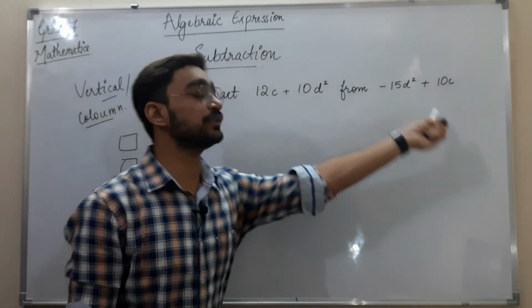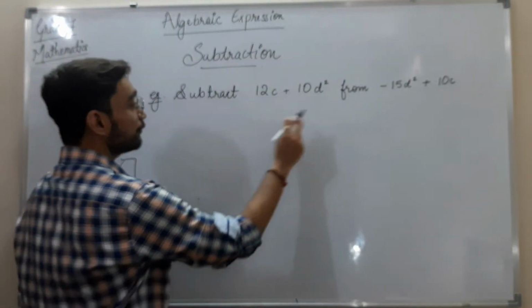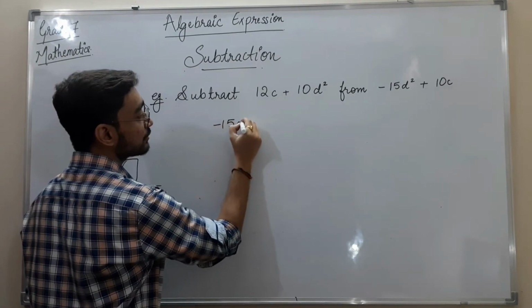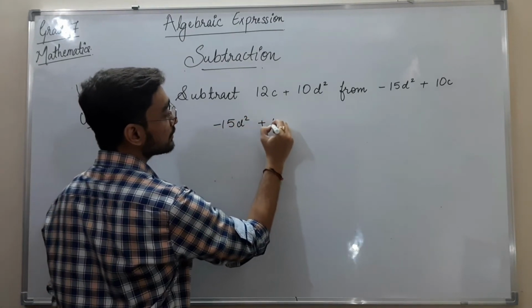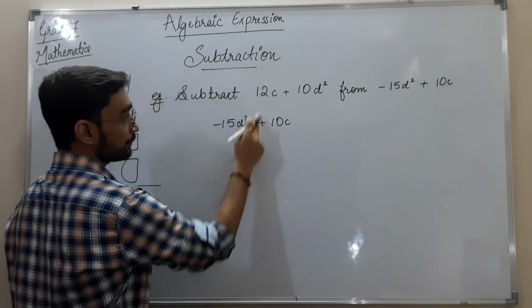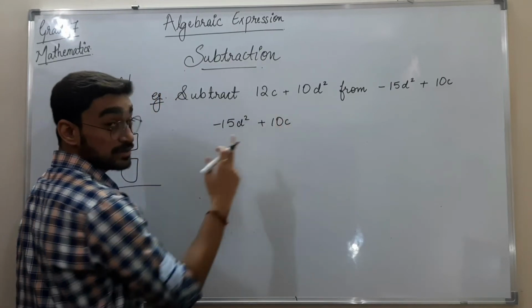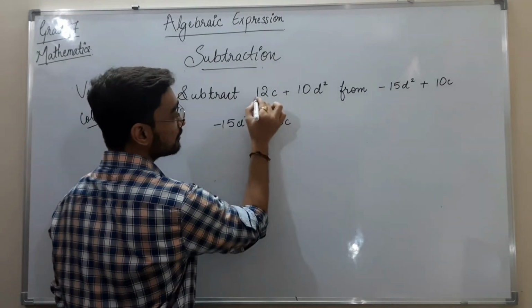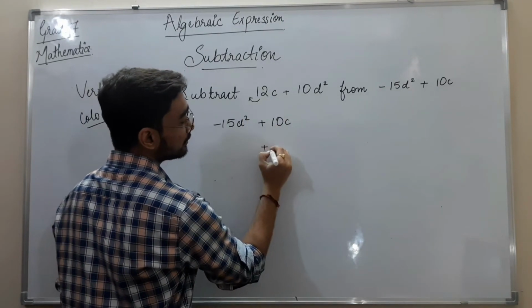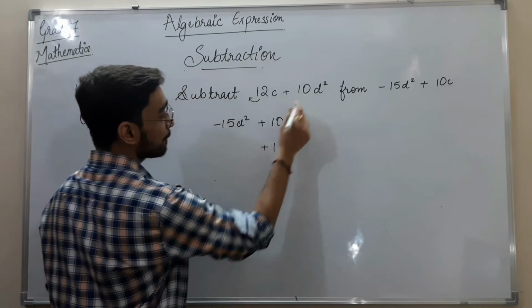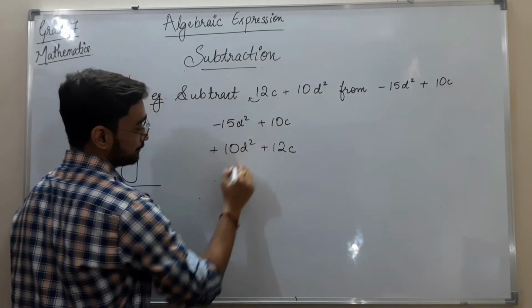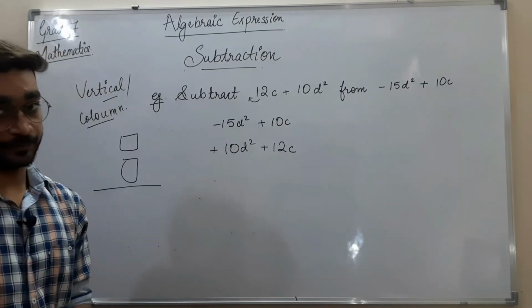Subtract this from this. So this expression will come first: minus 15d square plus 10c. Then this will come down. Like terms will come the same. So 12c will come here. 12 is positive here, so I will write plus 12c, then plus 10d square.